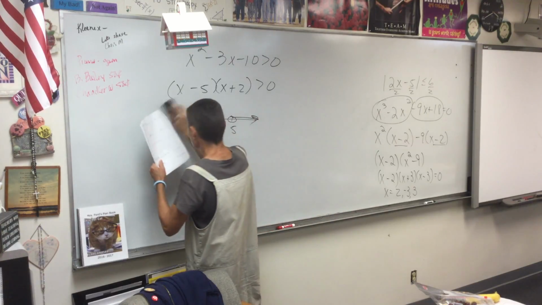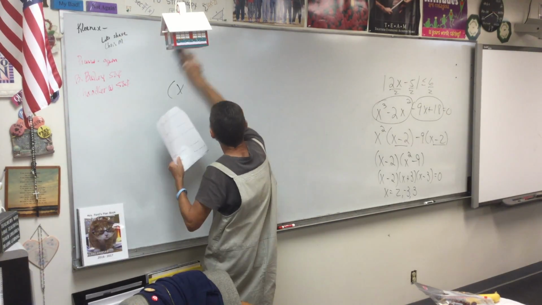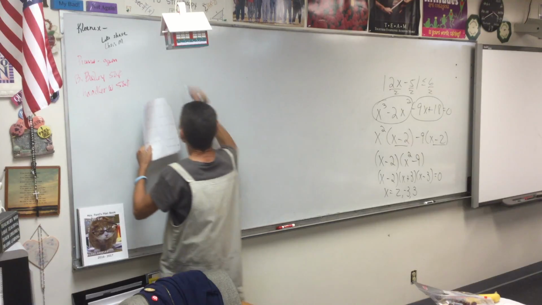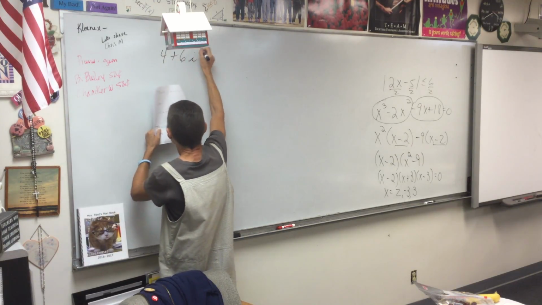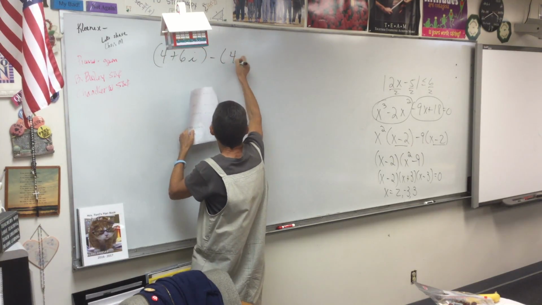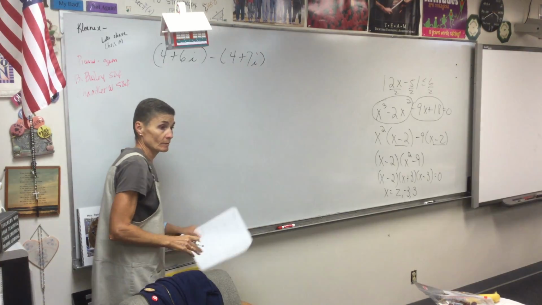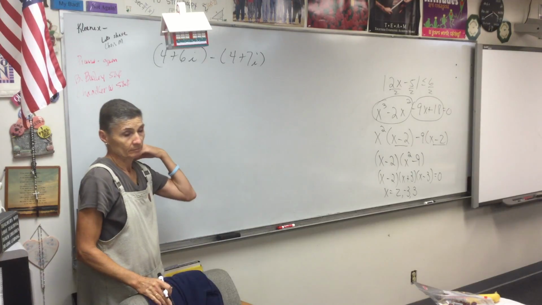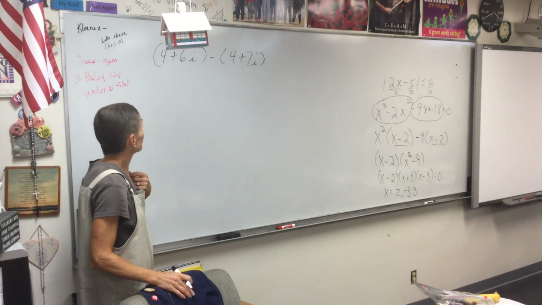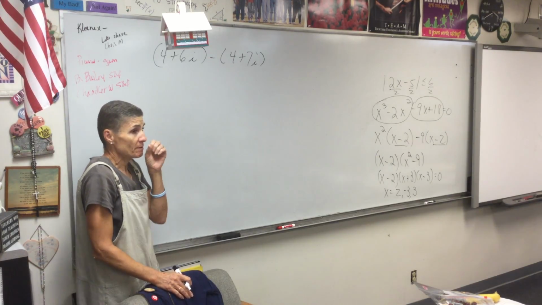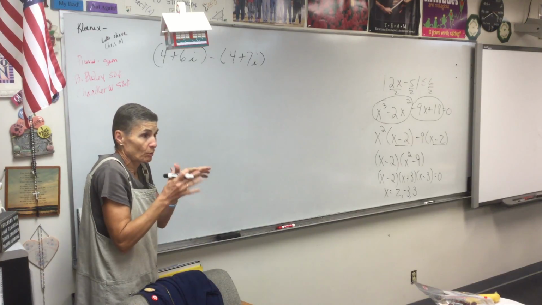All right, now we've got some imaginary numbers to deal with, some i's. So 4 plus 6i minus 4 plus 7i. Here we go. What do you want to do? Cancel out the 4s. Well, they will cancel, but before I do that, I'm going to get rid of those parentheses.